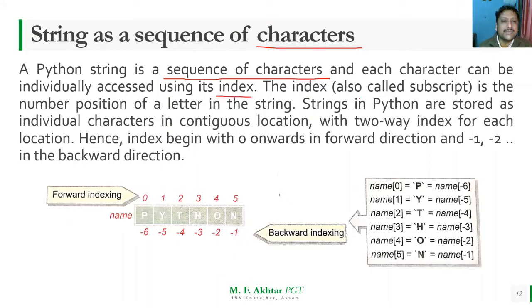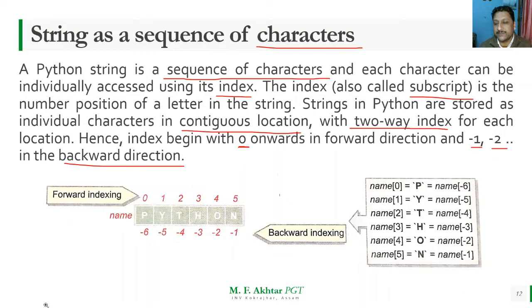The index, also called subscript, is the number position of a letter in the string. Strings in Python are stored as individual characters in contiguous locations with a two-way index for each location. Two-way index means there are positive index numbers and negative index numbers for each location. Hence, the index begins with 0 onwards in the forward direction and -1, -2 in the backward direction.